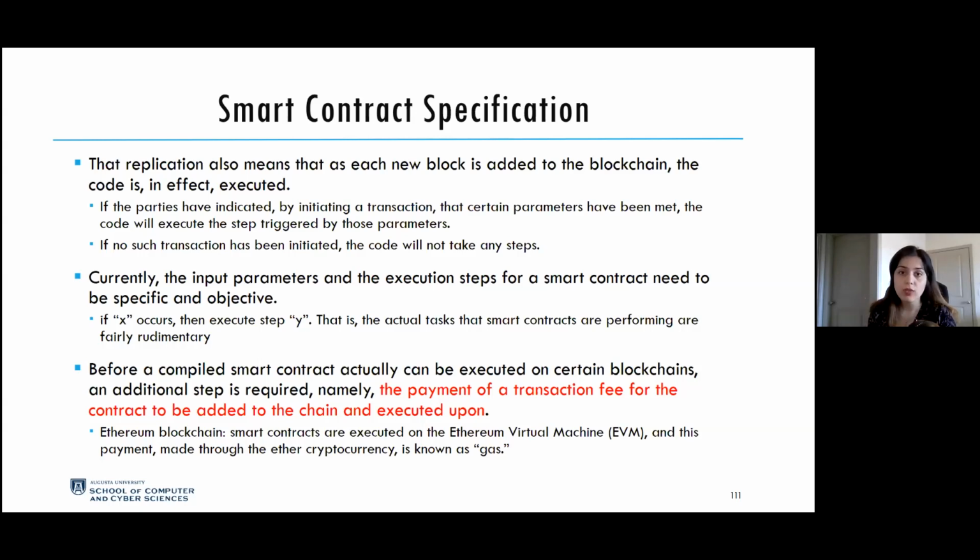And since all the nodes have the smart contract, as soon as you create a transaction and that transaction is added inside a block, that smart contract will be automatically executed, and your request as a transaction will be executed in that smart contract. However, for each transaction that you send to the smart contract, since it's a piece of code, some computation should be done, so you have to pay money for that computation.